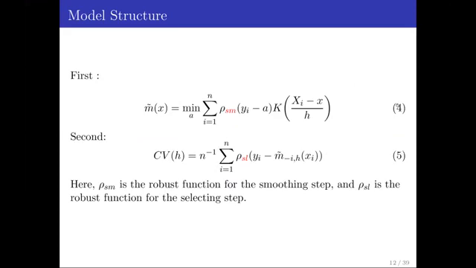In equation 4, we write rho_SM, which stands for the robust function in the smoothing process, and rho_SL stands for the robust function in the selection process. Maybe some of you are not familiar with what the robust function means. So here I'll show one specific example and give you some general impression.